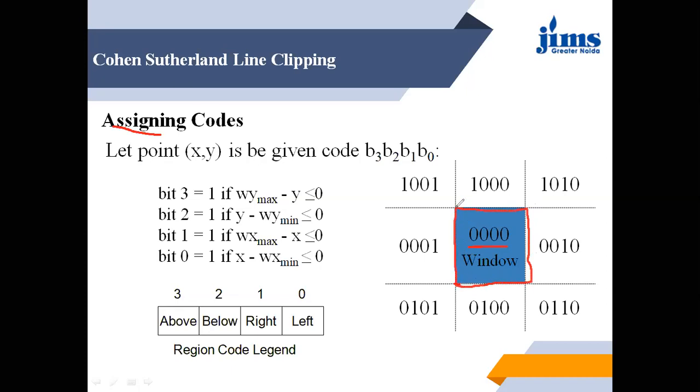The code of a window or a part or a region is going to be represented by 4 bits: 1, 2, 3, 4. Here, the first bit I am using for left, the second for the right, the third for below, and the fourth for above.